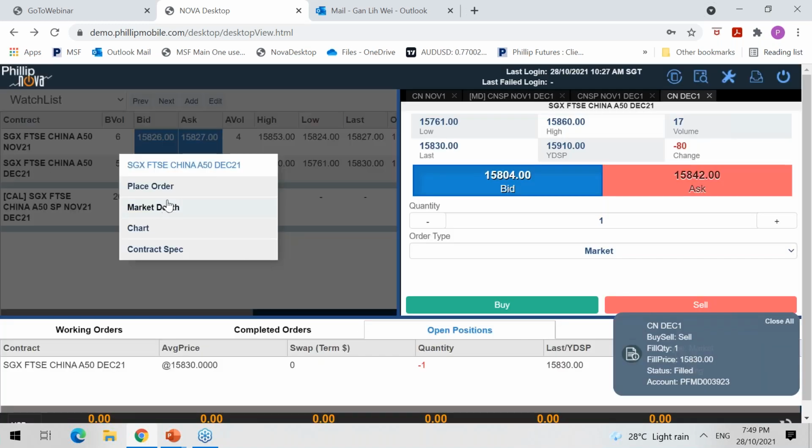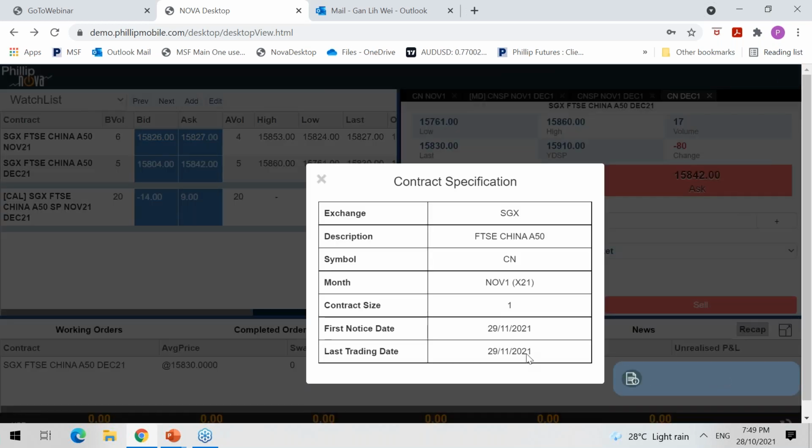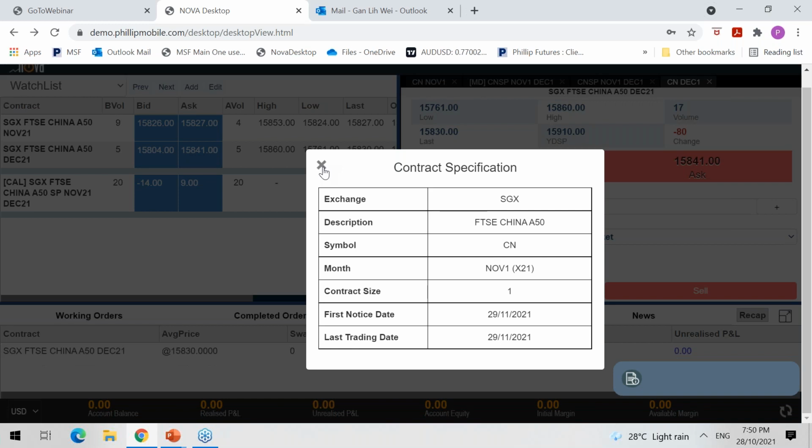Let's click on this November contract here. The November contract will expire on the second last business day, which is 29th of November. So coming 29th November, you need to do a rollover before that day. It's not advisable to leave it till the last day, but you can do so one day before. So information on when the contract expires can be found here.